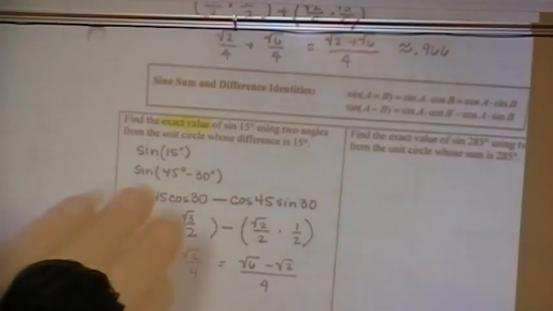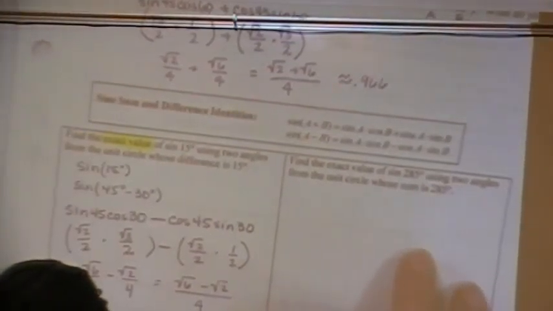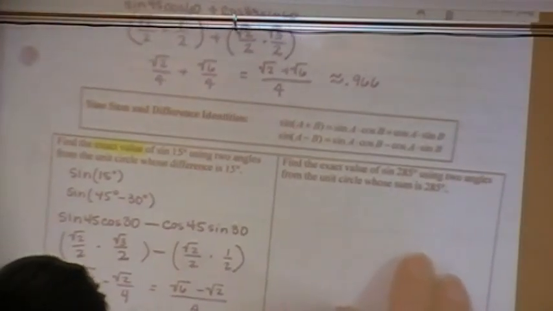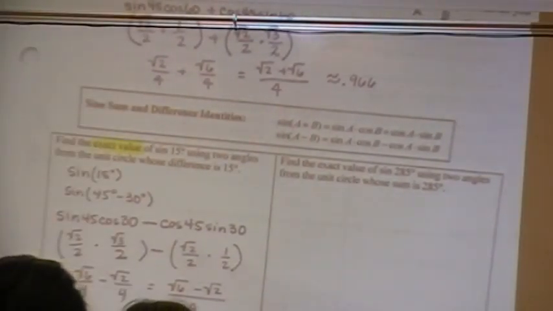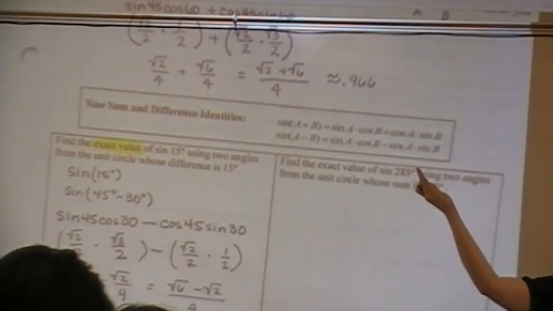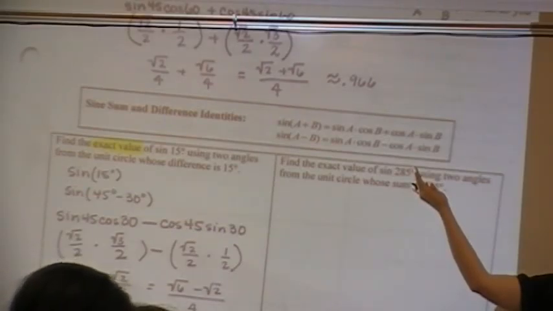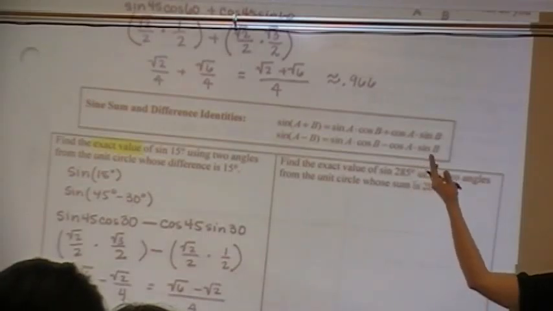Alright, so now we're going to do the exact same thing on this one. The only difference is now they've got a bigger angle, 285. So I'm going to have to go past quadrant 1 and go into quadrant 2. So if I go 90, what is the next angle in degrees on my unit circle? 120. And then what's the next one?